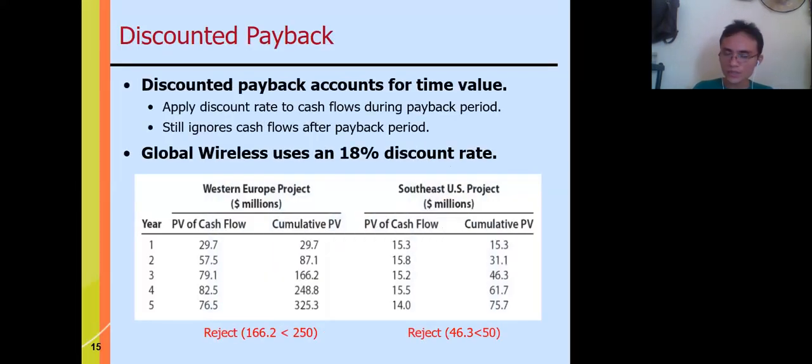If we just get the total, it's given 325.3 minus 250. That's 75.3. Therefore, we will accept the project. So see, the decisions would change depending on the given items. Then what about the Southeast US project? 75.7 minus 50. There is a margin of 25.7.